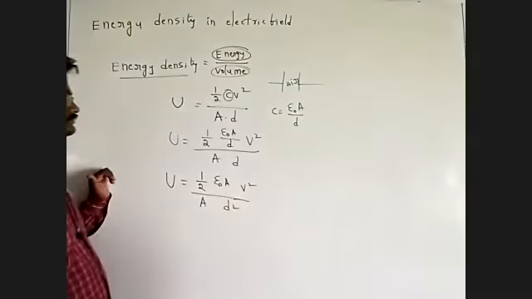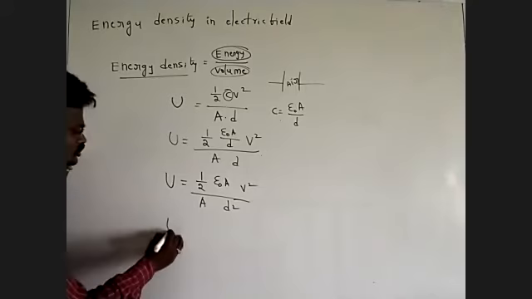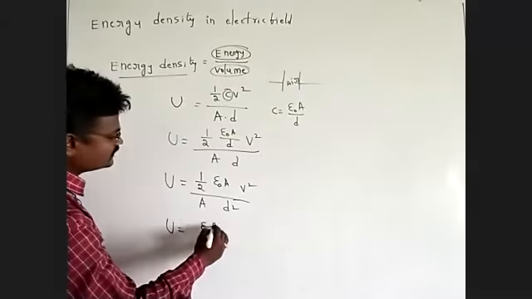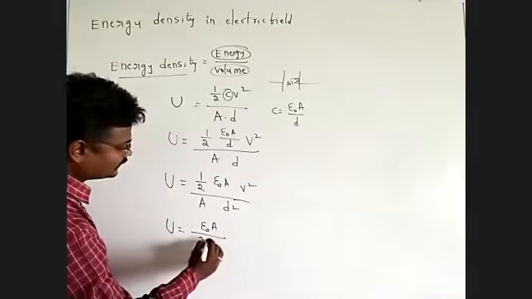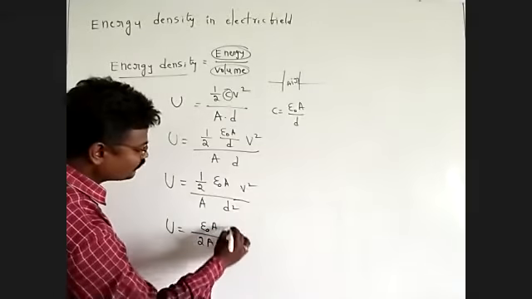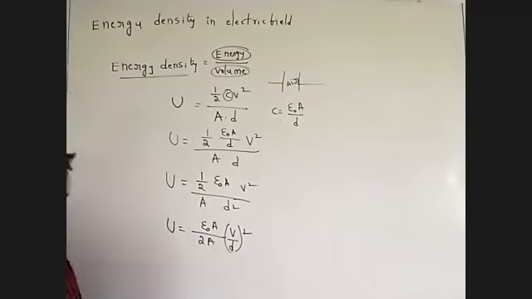So U is equal to epsilon naught by 2, V by D whole square.